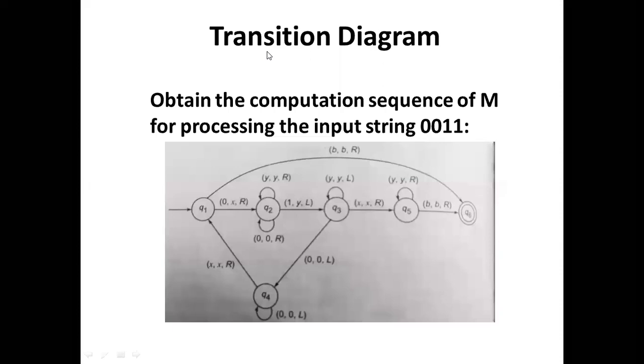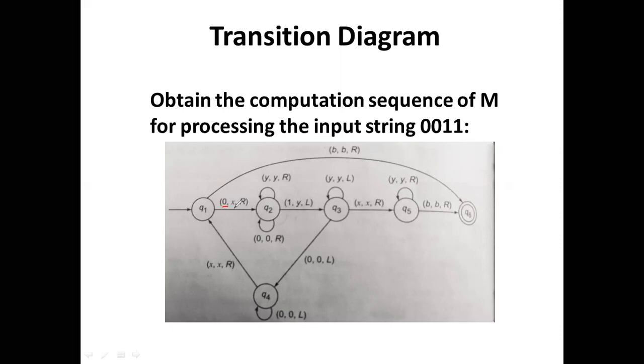If Q1 reads the input symbol 0, it will replace 0 by X and move to the Q2 state, and the read write head moves to the right side.